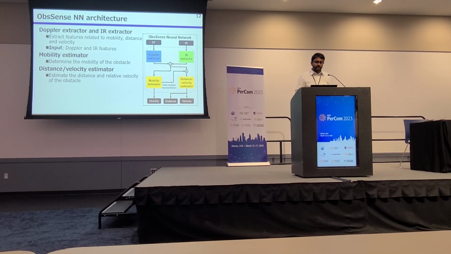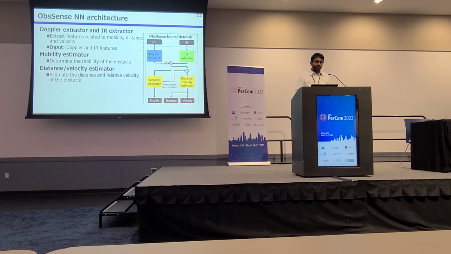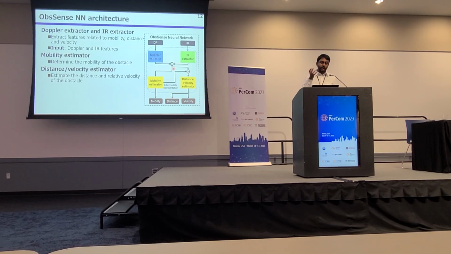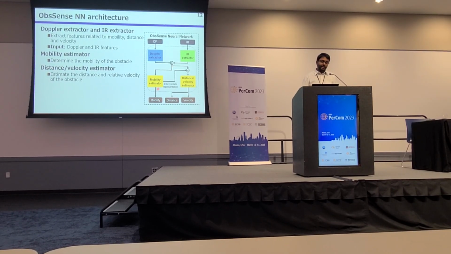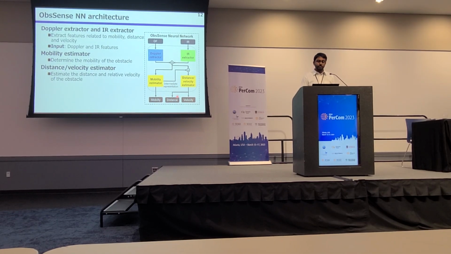So this is the proposed neural network architecture. Here we input the DF and IR features into the Doppler extractor and IR extractor that contain convolutional layers for feature extraction. Next we concatenate the outputs of the Doppler and IR extractors, and we feed them into our mobility estimator that estimates the mobility of the oncoming obstacle.